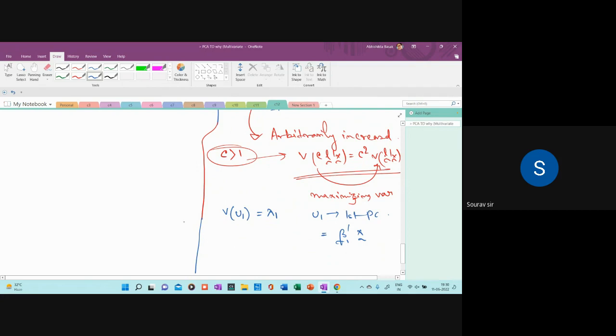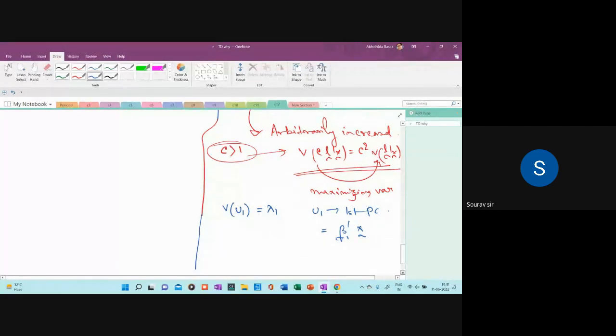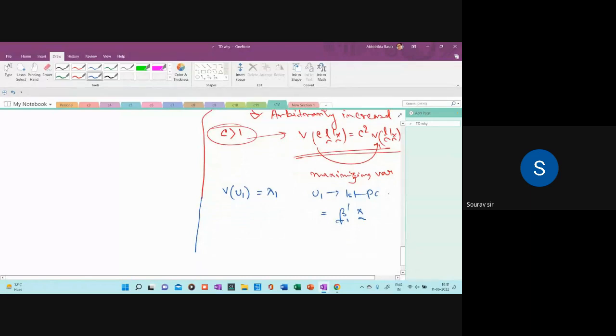Now, whether variance of u1, lambda 1, is sufficient or not, how do we judge the proportion of total variability explained by u1?